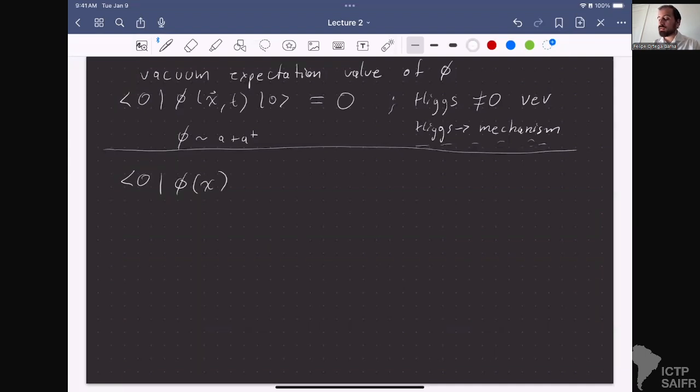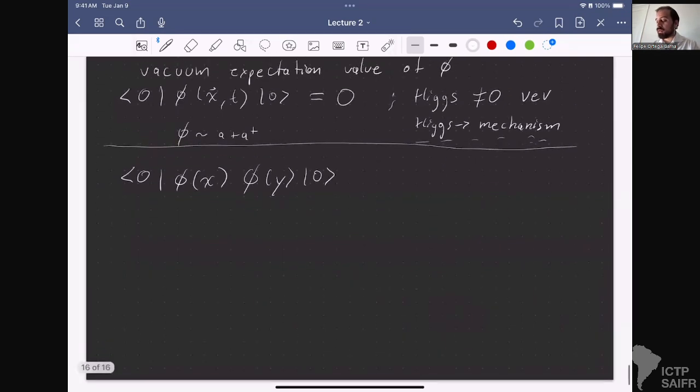So now I'm just going to use x without the arrow to mean the 4-dimensional vector. So now I have the vacuum expectation value of 2 of these operators. And there are several ways that you can calculate this. You can follow the one from the notes. So just for fun, we can do a different one real quick here, where you insert the identity operator here, since the identity commutes with everyone.